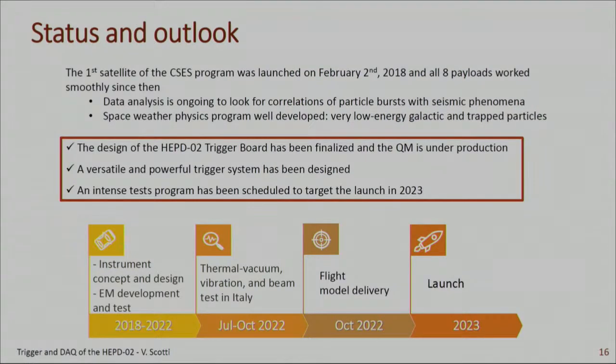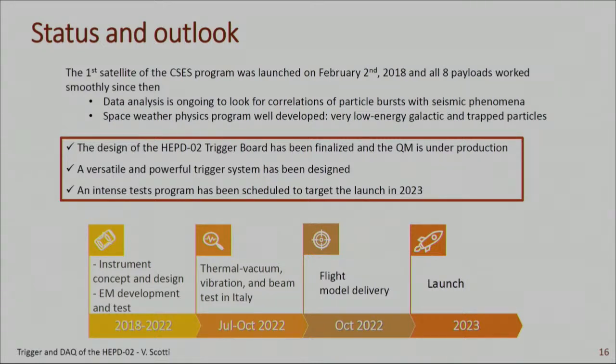Finally, I want to conclude with our timeline. This instrument and this system were developed starting in 2018, after the first launch, which was successful, actually. Since then, we have been testing the system, the electrical model.